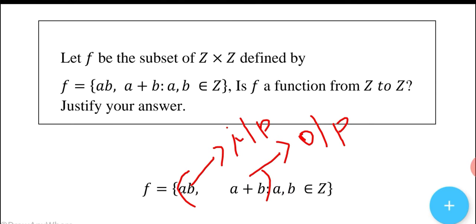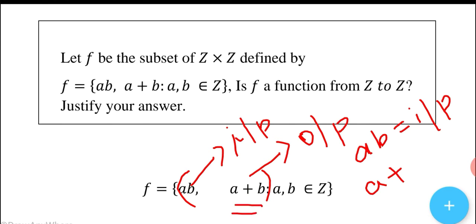Here the first element is ab, so ab equal to input, and the output is the second element, a plus b. So a plus b equal to output.